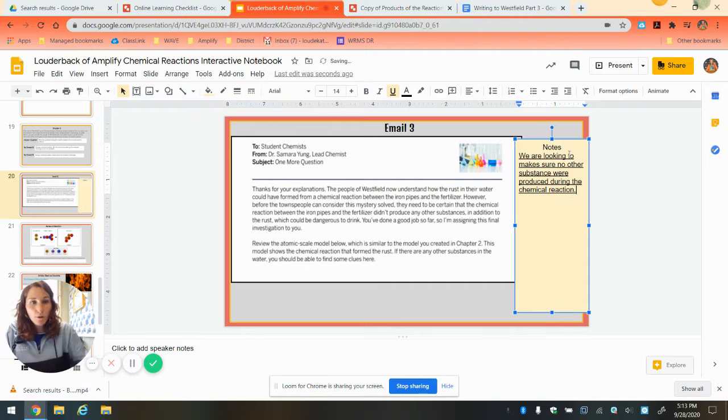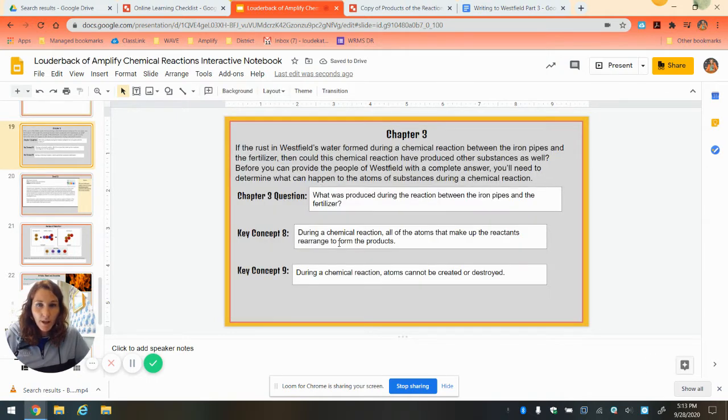Now, you may remember from our burning of the steel wool lab and our key concepts that in a reaction, all atoms that make up the reactants are rearranged to form the products, all the atoms, and that during a chemical reaction, atoms cannot be created or destroyed. So we need to have these two concepts in our mind so that when we look at this model, we can verify that all atoms are accounted for. So let's look at the model.